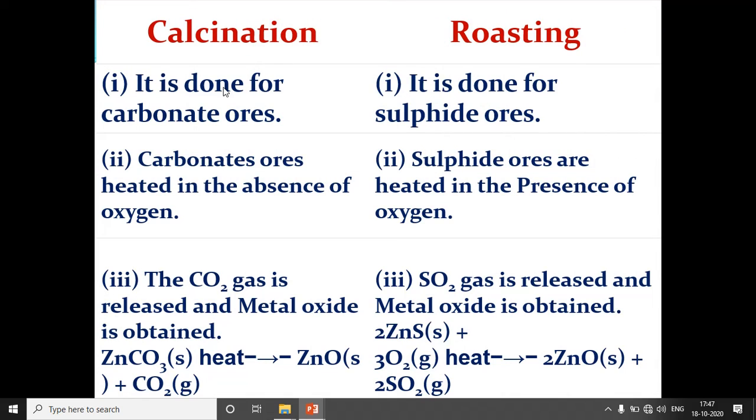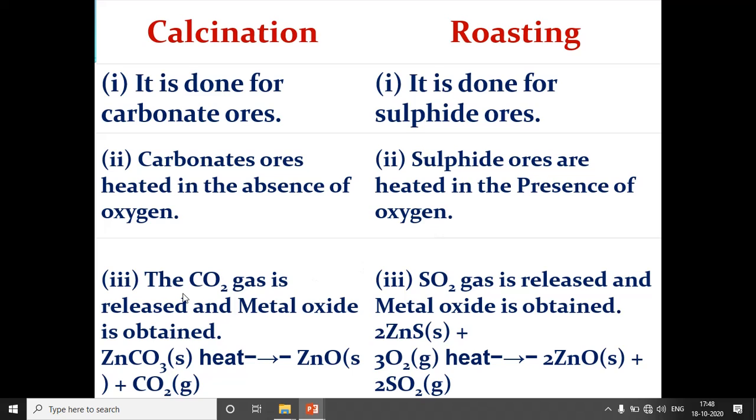Here you can see the difference between calcination and roasting process. Calcination is done for carbonate ores. Roasting is done for sulfide ores. Carbonate ores are heated in the limited supply of air, we have learned, in the absence of oxygen. Sulfide ores are heated in the presence of oxygen.